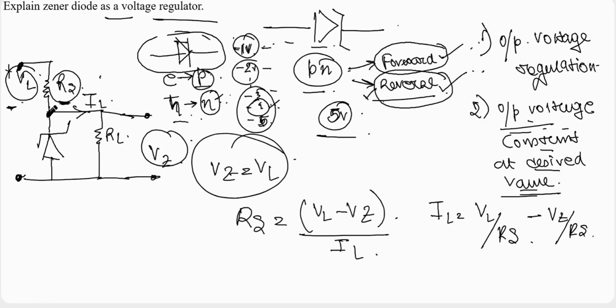The voltage across the diode means this voltage, positive, negative. If this voltage VL increases, the current through the diode will also increase, and as this is the more positive quantity, the voltage drop will increase gradually.